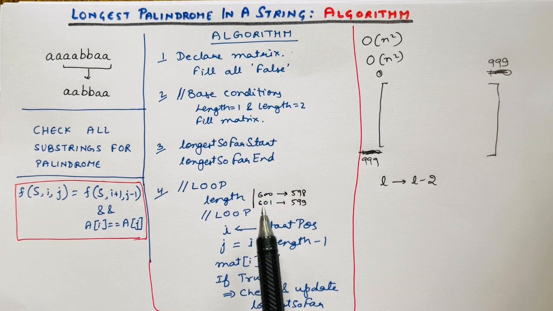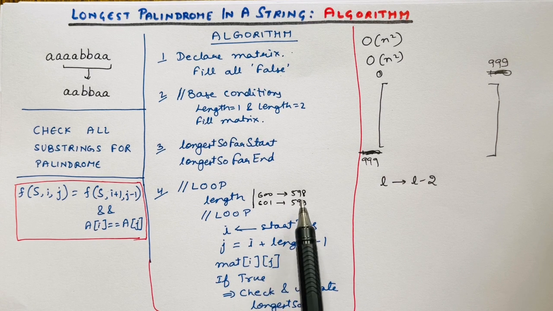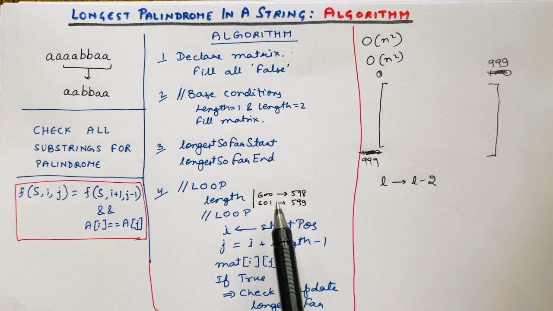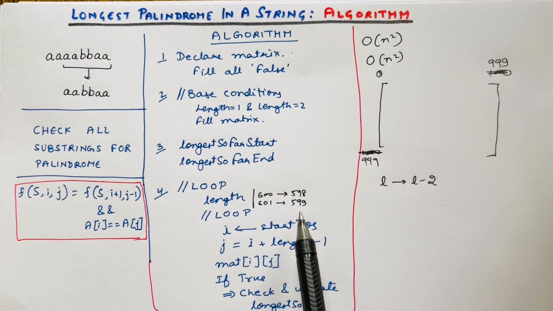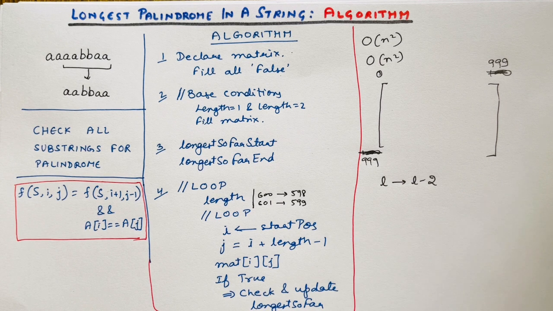If we are at say length 600, then we only need the information of length 598 to calculate the values of length 600. Similarly, if we are calculating for length 601, then we only need the values of all the substrings whose length is 599. Therefore, we don't need the whole 1000 cross 1000 matrix. We only need the information of the previous two lengths.